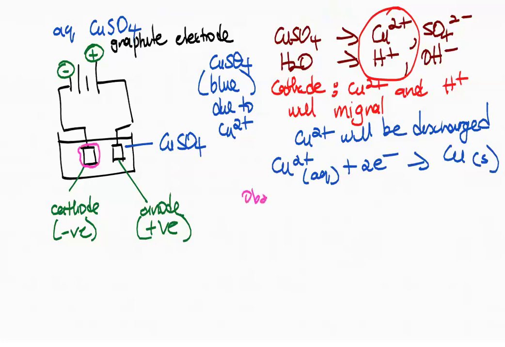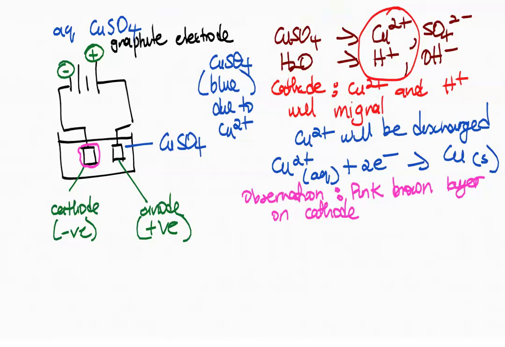So the observation would be a pink brown layer on the cathode. Have you ever seen a new 5-cent piece with that pinky brownish look? Y'all know what I'm talking about?